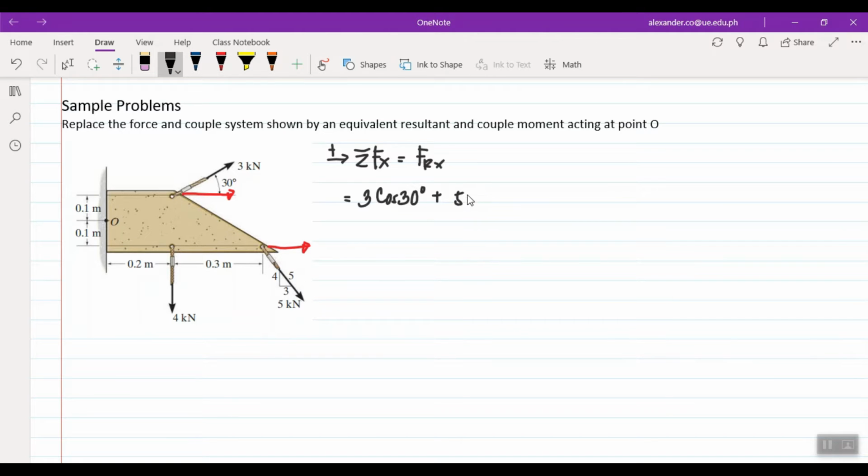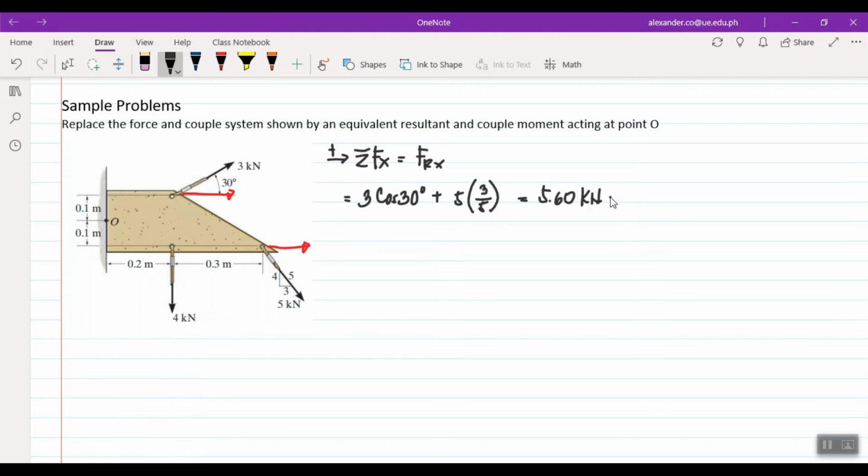This is 5 positive also because it's going to the right, but it has a slope, that is 3 over 5. So it has no sine or cosine. And I guess this one is not included. So what is that? Let's compute it for a moment. So the answer is roughly 5.6 and the unit is kilonewton.